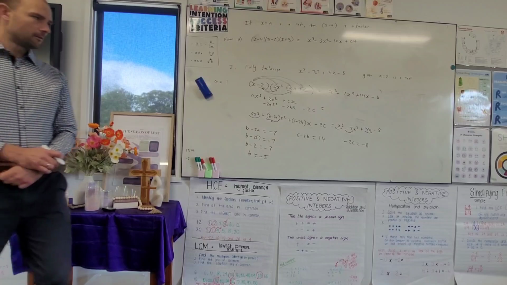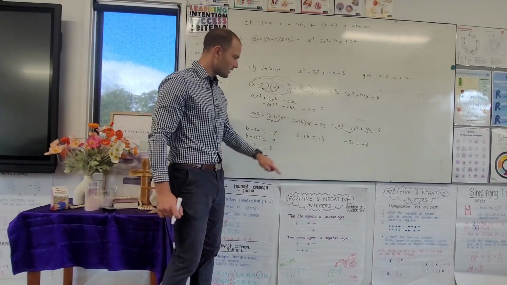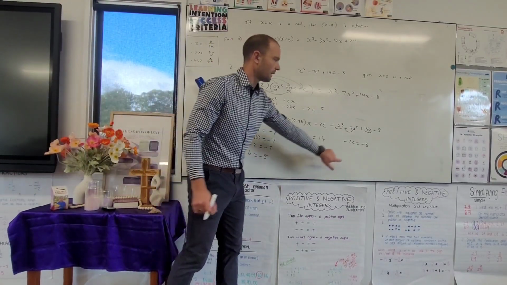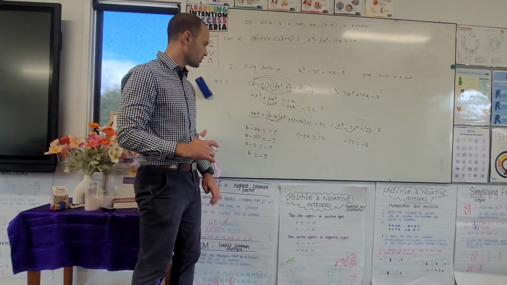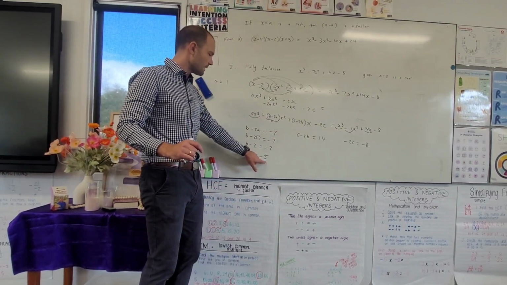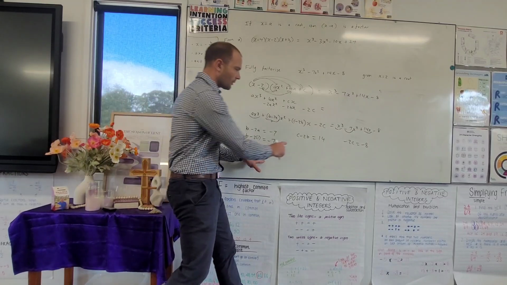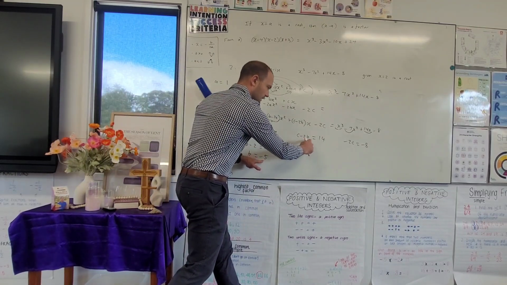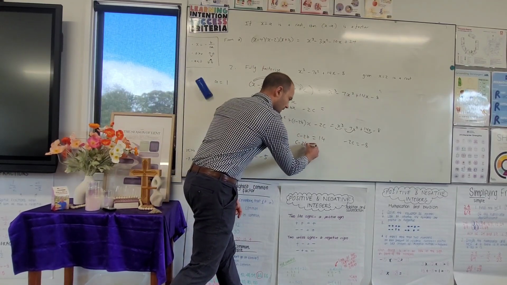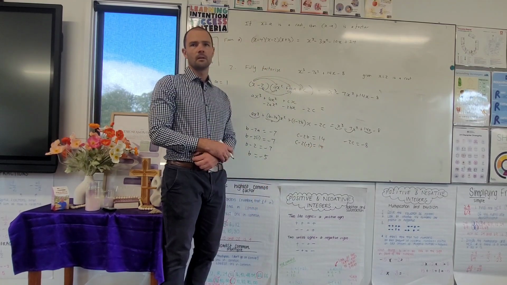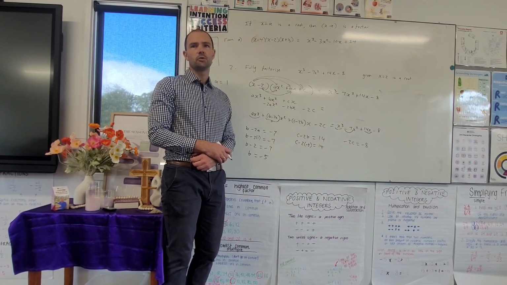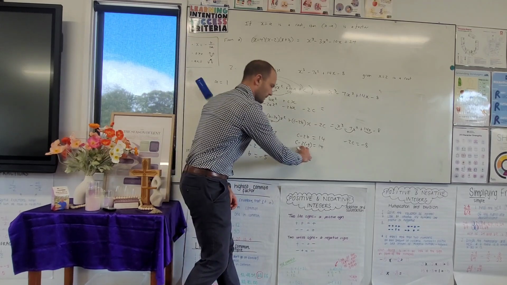Alright. We can get c using this equation, or we can get it using this equation. I'm going to do both because I'm going to draw out that relationship that holds. We have b equals minus 5. So I'm going to put that minus 5 into this equation here. c take away 2 times minus 5 equals 14. Now minus 2 times minus 5, that's going to be positive 10.